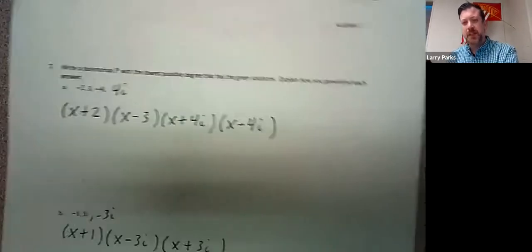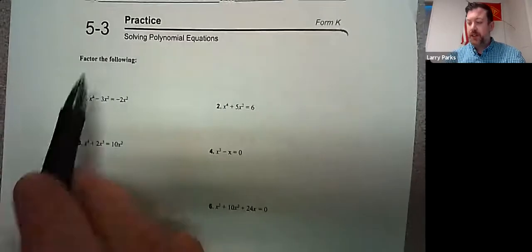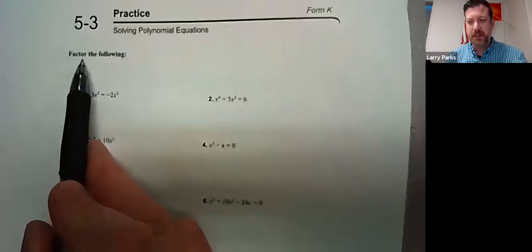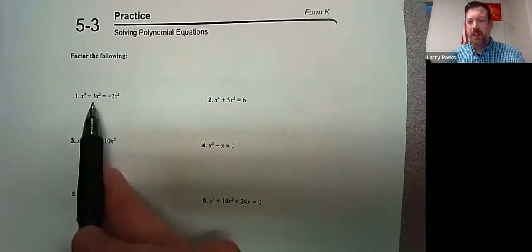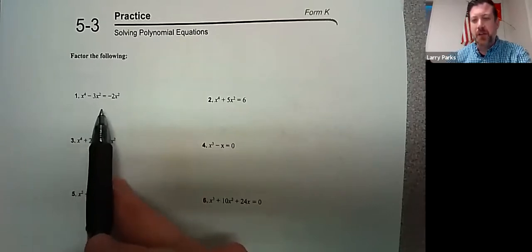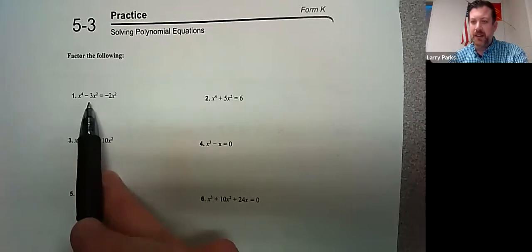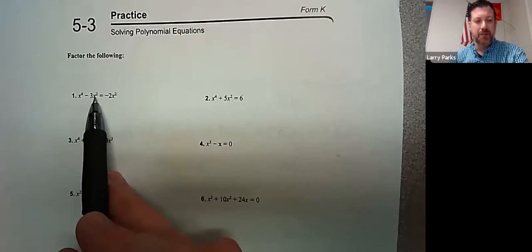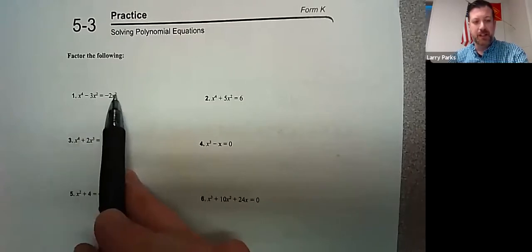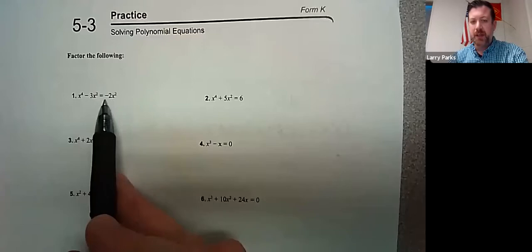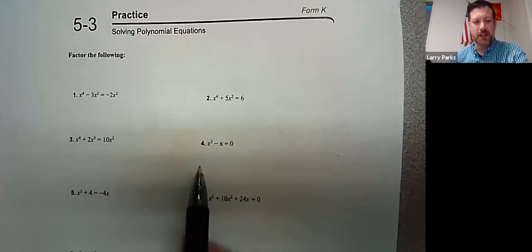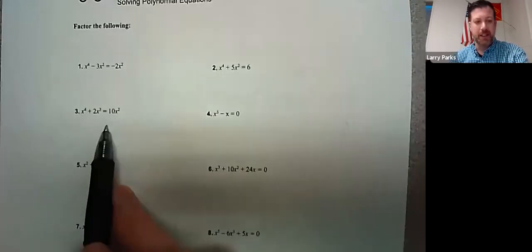Okay, so that brings me to the practice. Notice it says factor, we're not solving. And remember, before you start factoring, you need to move everything to one side. You need to move the 6 over, and you need to move the minus 10x squared over.